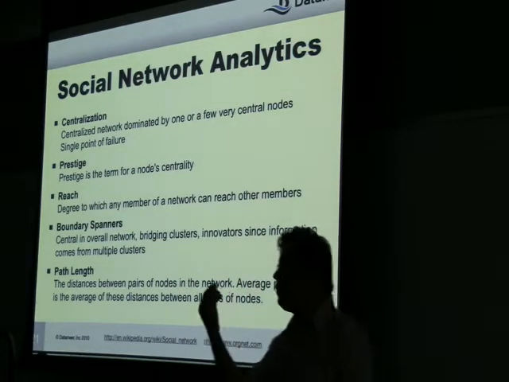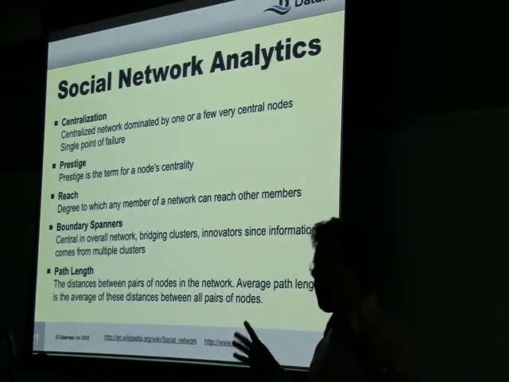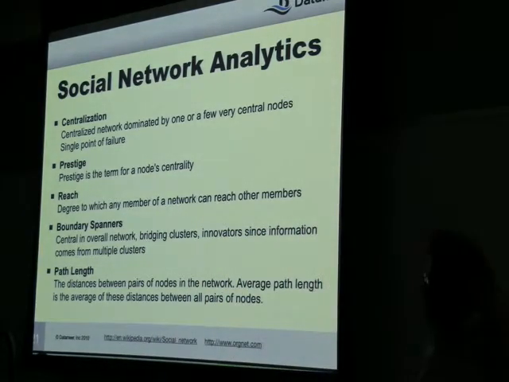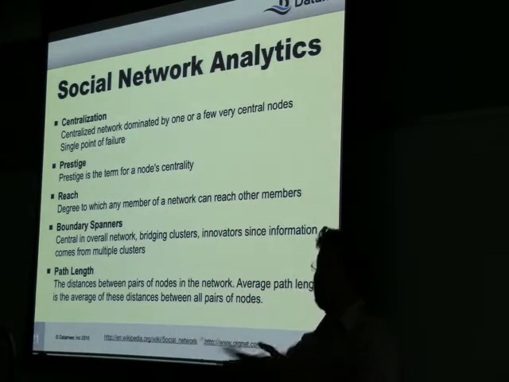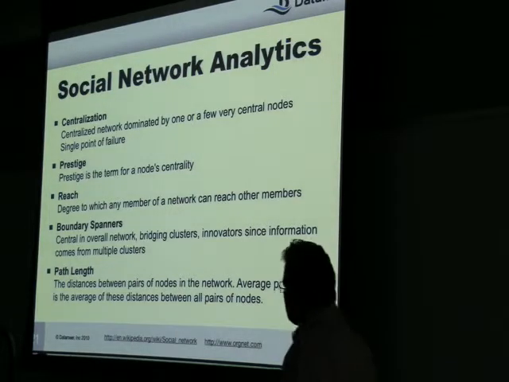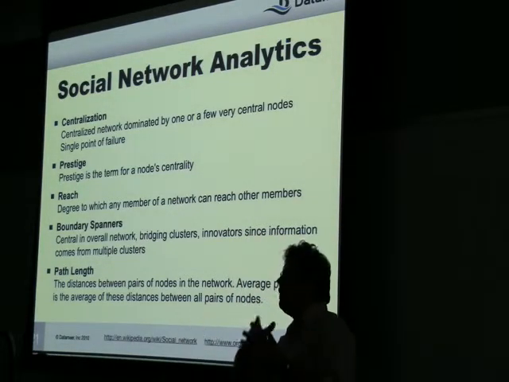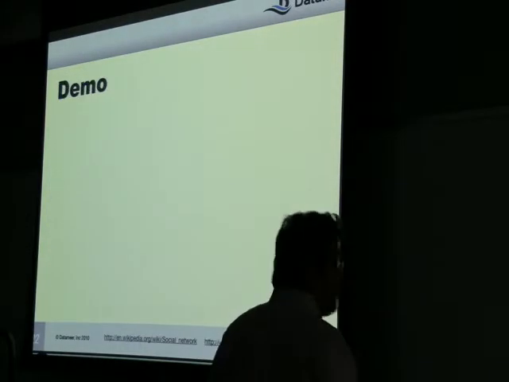So the central point obviously has a lot of prestige, right? If you look at Roger Ebert and his followers, a common movie critic, right? If he goes away, then this whole network around him might go away as well. Again, you have reach, you have boundary spanners that sit in between those clusters, you have path length. There's a lot of things you can measure.